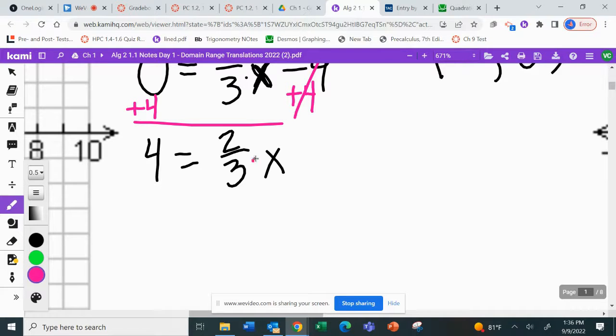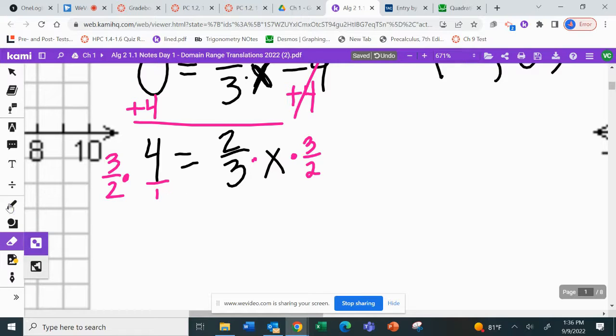What is the inverse operation? What is the opposite operation of multiplication? So we're going to divide by 2/3. However, you can't divide by fractions. So instead of dividing by a fraction, you multiply by its reciprocal. And we do that to both sides. And then to multiply a fraction and a whole number, you have to put 4/1.